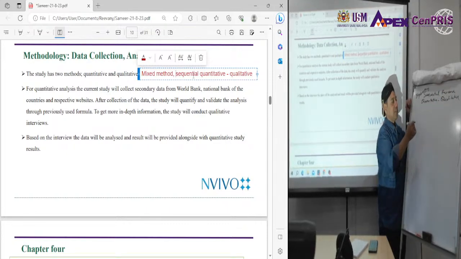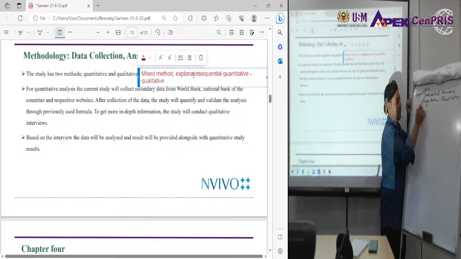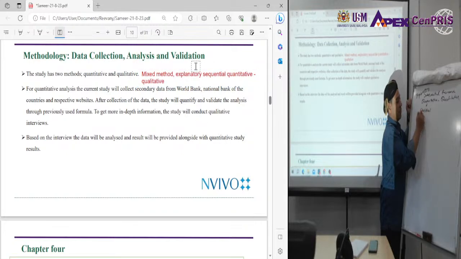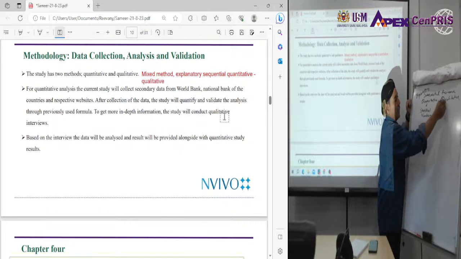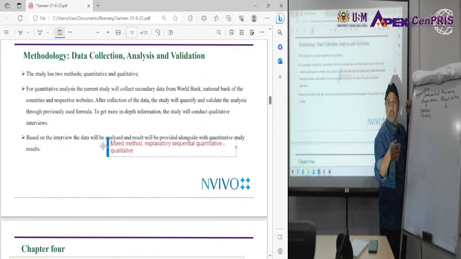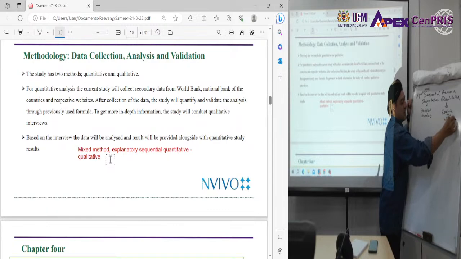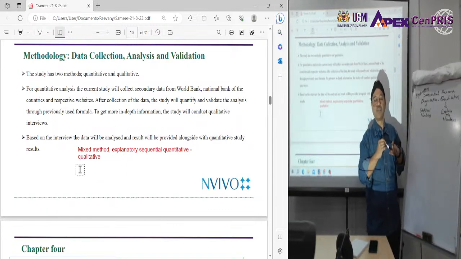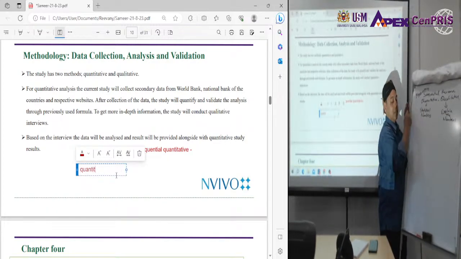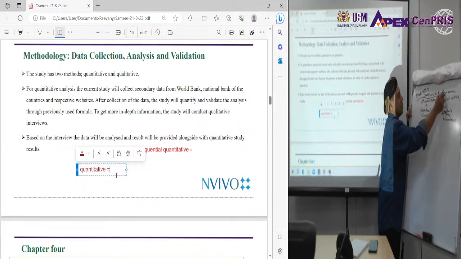Why is it called explanatory? You have the quantitative first. You have the numbers, the statistics. Now you're getting the experts to explain the stats, the numbers. So that's why it's called explanatory sequential research.